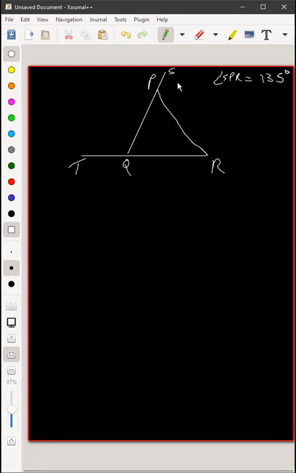This is 135. And angle PQT is equal to 110 degrees. Find angle PRQ, call it x. Quickly solve this.